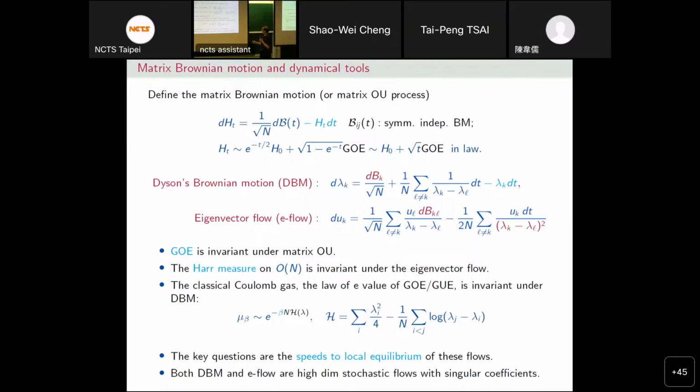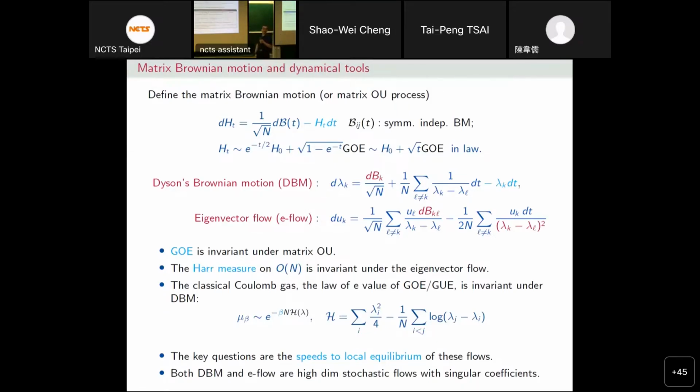So the question becomes, you have a flow on the orthogonal group, and the question is how fast this flow will converge to the Haar measure on the orthogonal group if you start from some initial data. So this is really a pure analysis question. The only thing unusual is the dimension n is huge. I mean, you're interested in this problem with n in the billions.